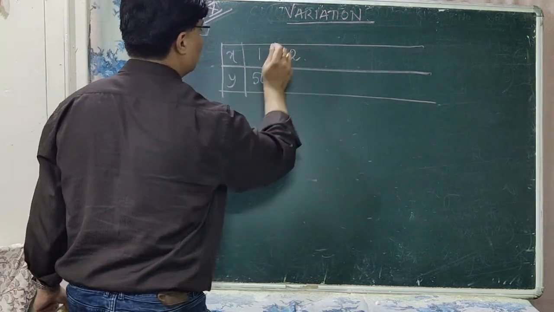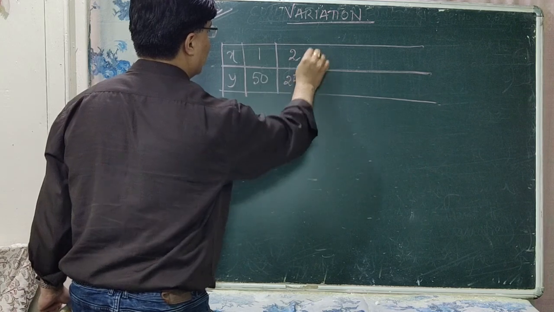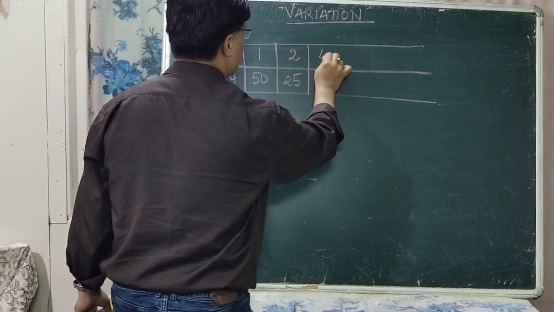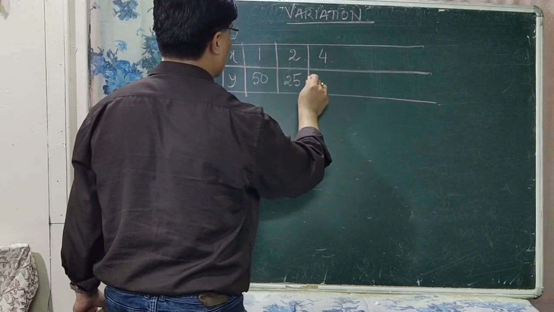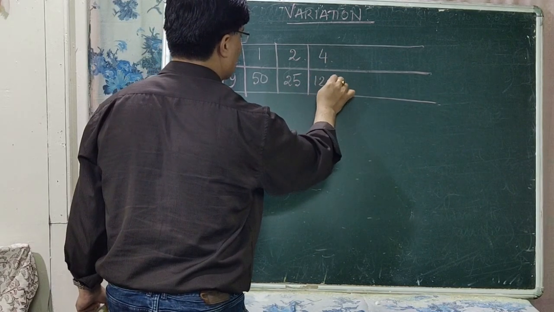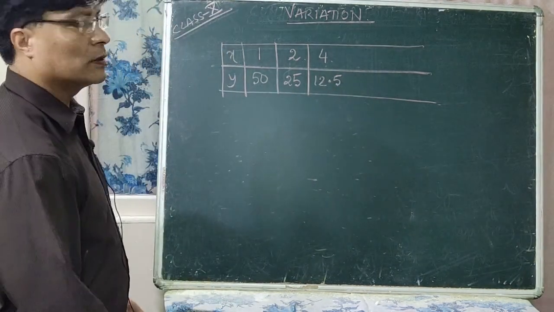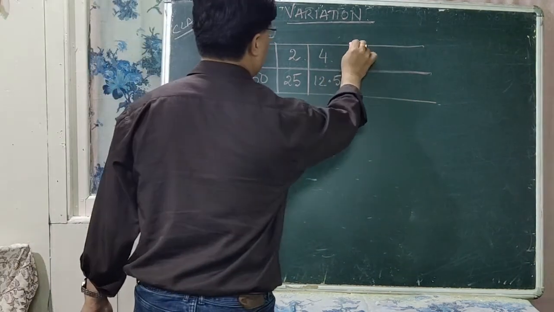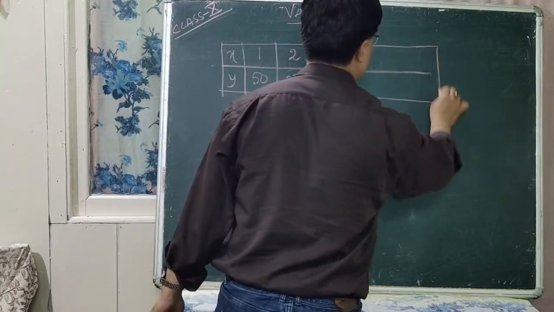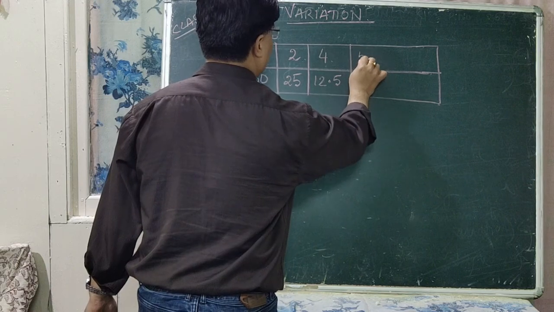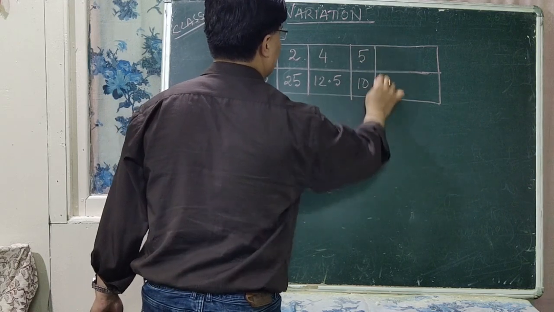Suppose this is 2 and this is your 25. Suppose this is your 4, for 12.5, right? Suppose we have here, suppose this is 5 and this is your 10.